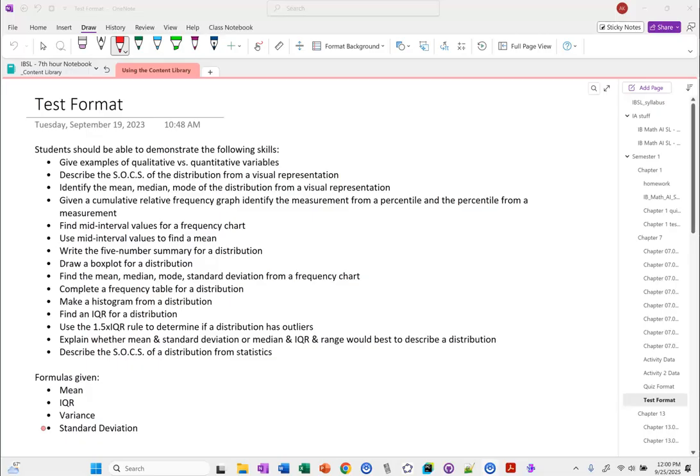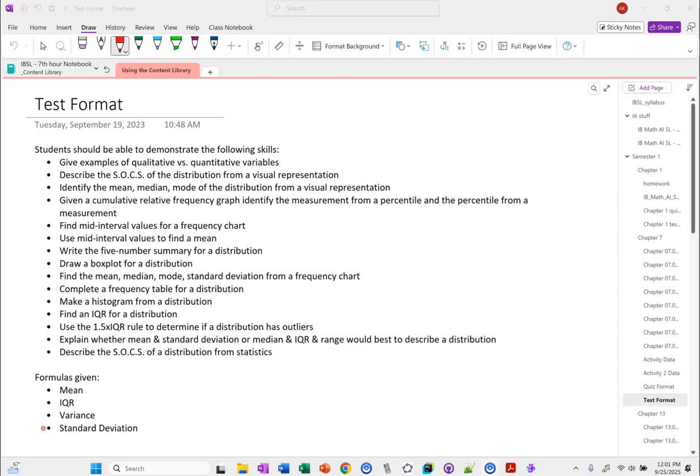Give me an example of a qualitative. Eye color. A name. Great. Names, eye colors, perfect. Quantitative variable example. Age, size. Perfect. All those things sounded good.